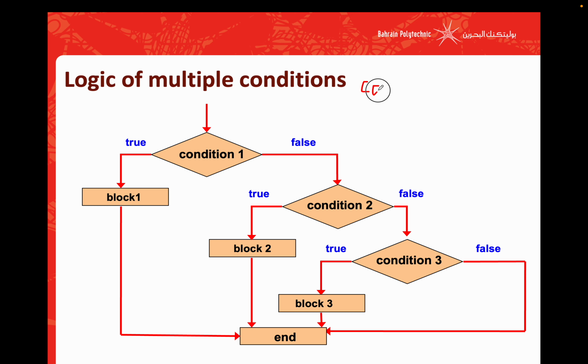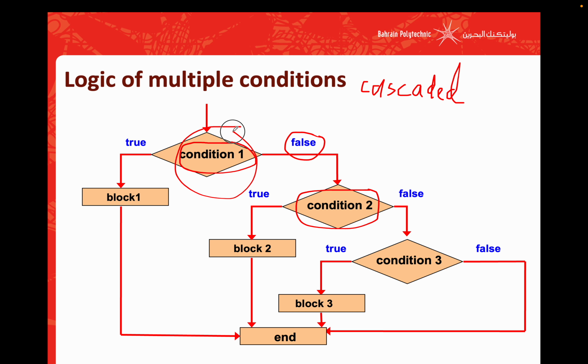Very important, can be a question in the exam. It's cascaded, C-A-S-C-A-D-E-D. Cascaded if is when you have multiple conditions, but the second condition basically falls under the false branch of the first condition.